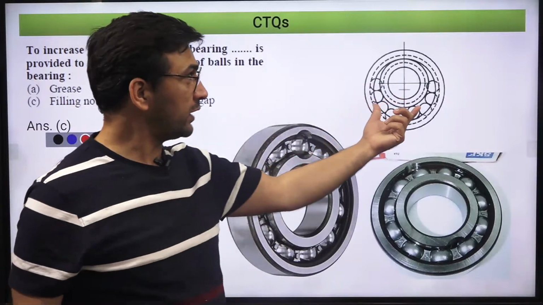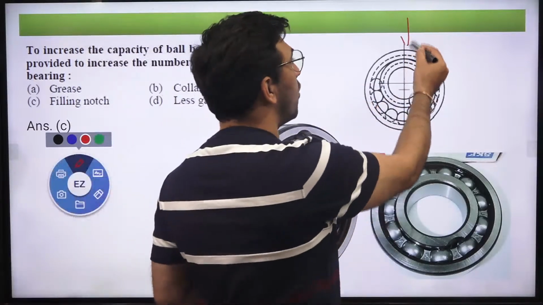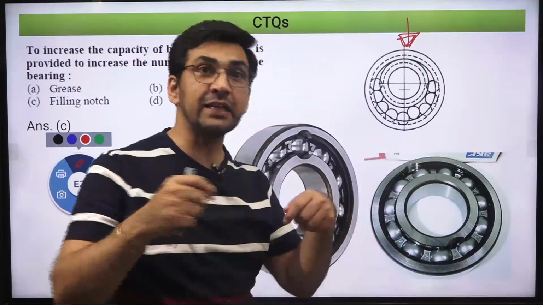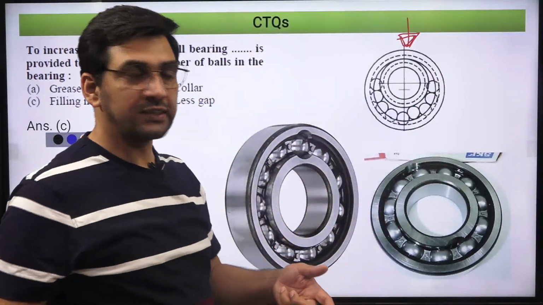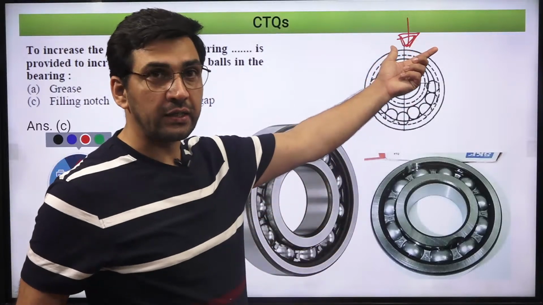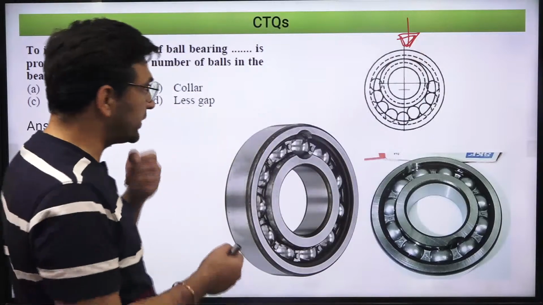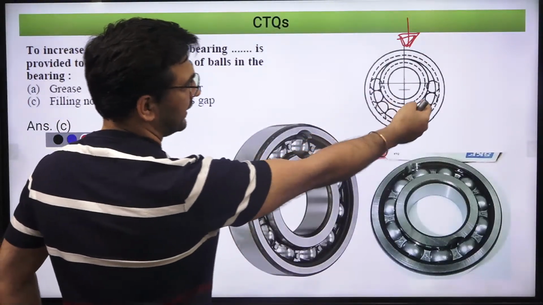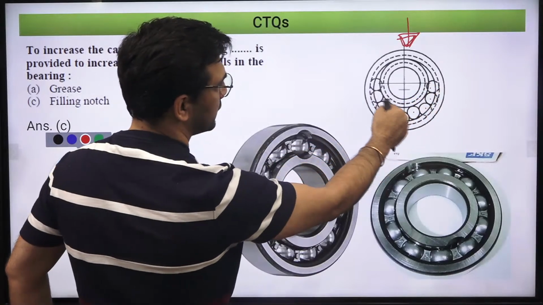But let us say if the load it has to carry is significantly high, then if we increase the number of balls inside it, that problem can be handled. We cannot approach it that way, because over here we have only 1 2 3 4 5 6 7 8 9.